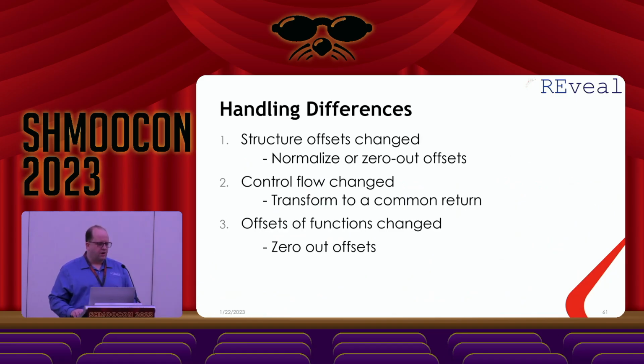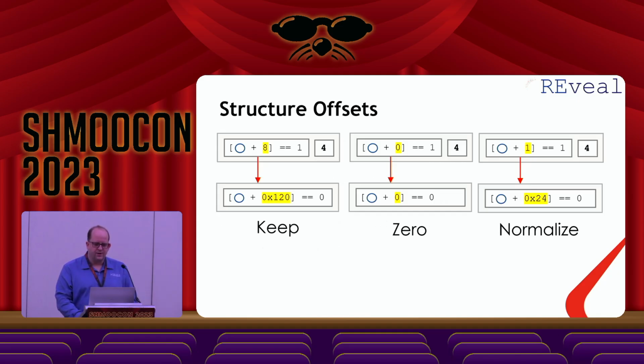So for structure offsets changing, we're going to normalize or zero out the offsets. For the control flow, we're going to transform to a common return. And for the function offsets, we're going to do a similar thing as we did for sector hashing and just zero out those offsets. So for structure offsets, we could keep them and still match. Maybe there's a stronger match there.